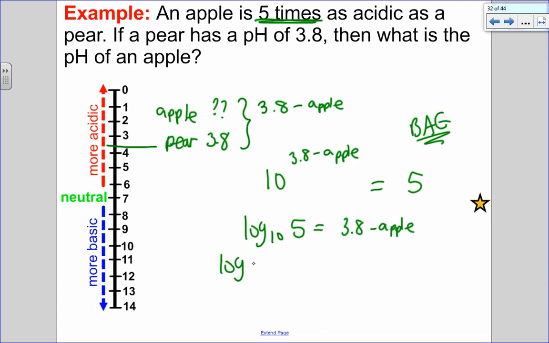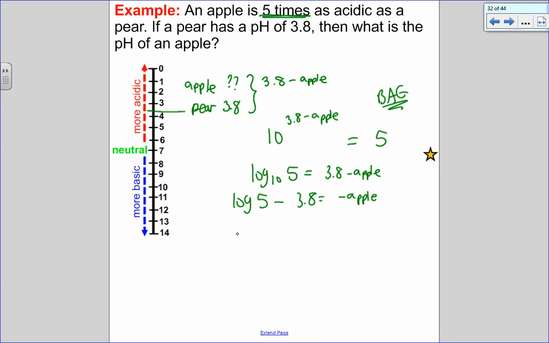Now, log base 10 is really just log of 5, common log, equals negative apple. And then I just need to divide both sides by -1 to get the pH for apple by itself. So log of 5 minus 3.8, all divided by -1, will give me my apple pH.